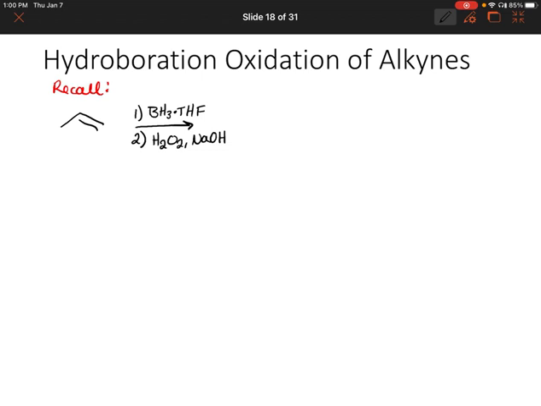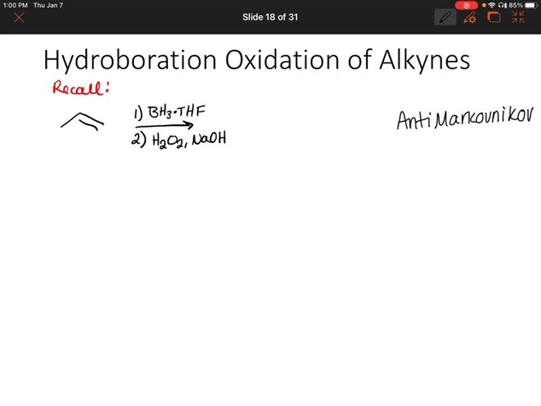So one really big clue here, we have hydrogen peroxide as one of our reagents. And whenever you see a peroxide, that pretty much means that you have anti-Markovnikov addition. And remember, anti-Markovnikov means that the functional group is going to add to the less substituted carbon.